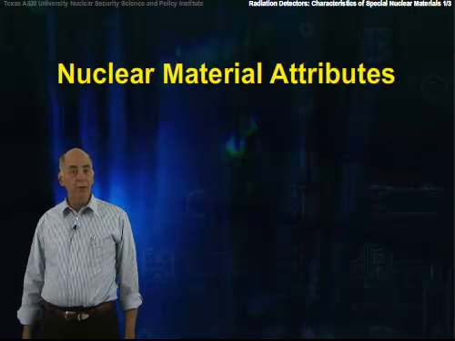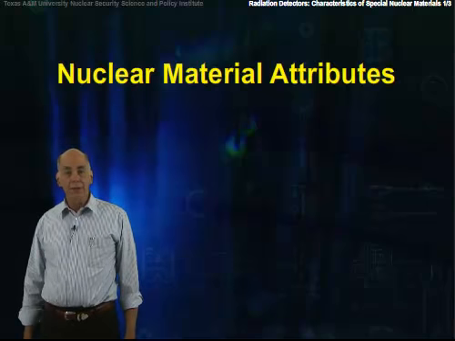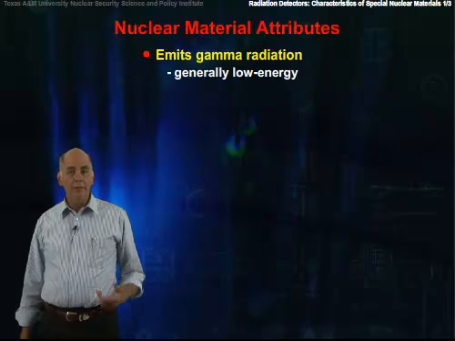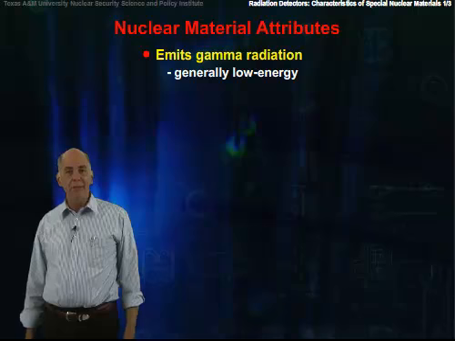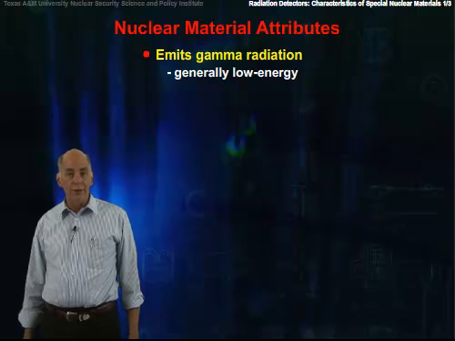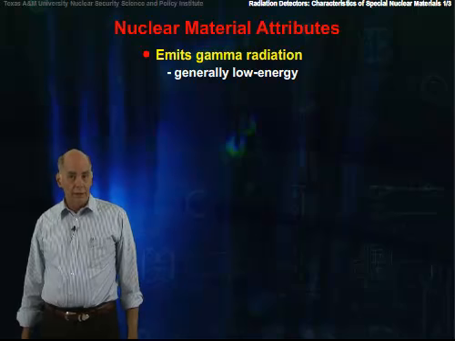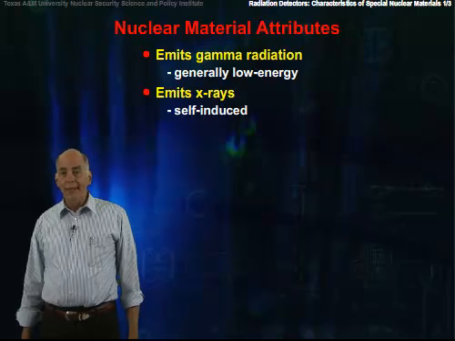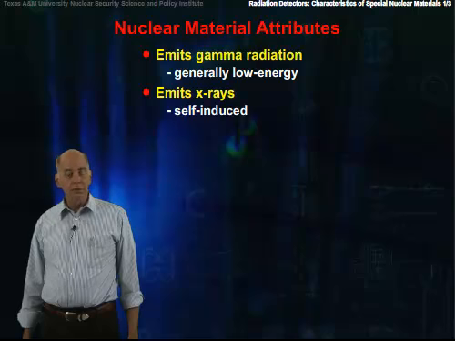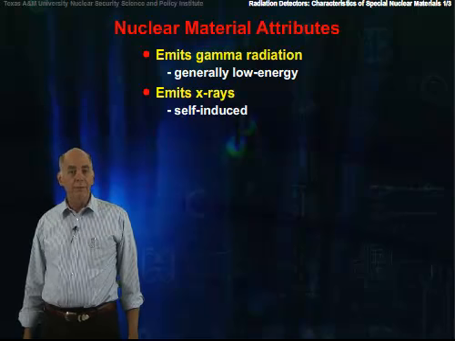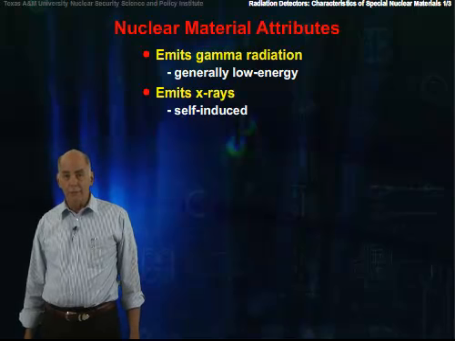What properties do nuclear materials have that allow us to detect and identify them? Generally, they all emit gamma radiation, and typically these gamma rays are low energy, meaning a few hundred keV or less. They also emit X-rays, which are self-induced by alpha decay, and by beta decay from absorption of gamma radiation, which in turn induces these X-rays.